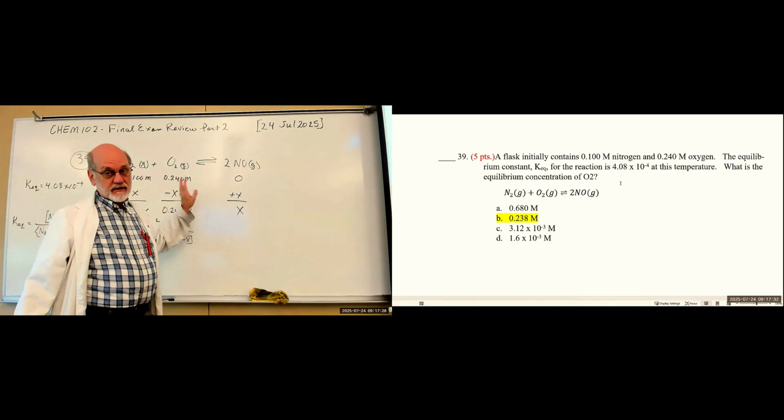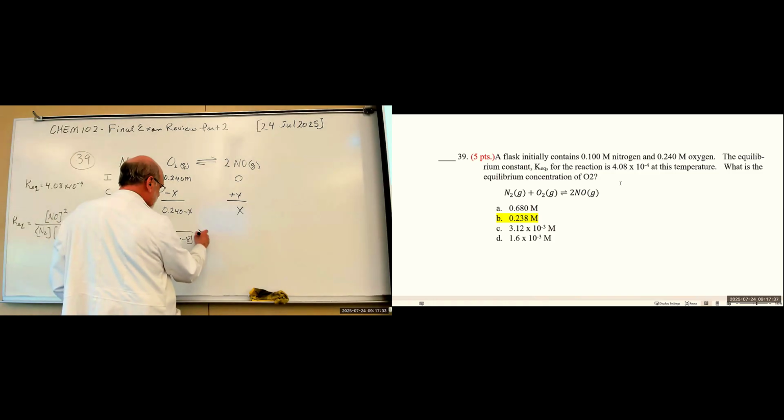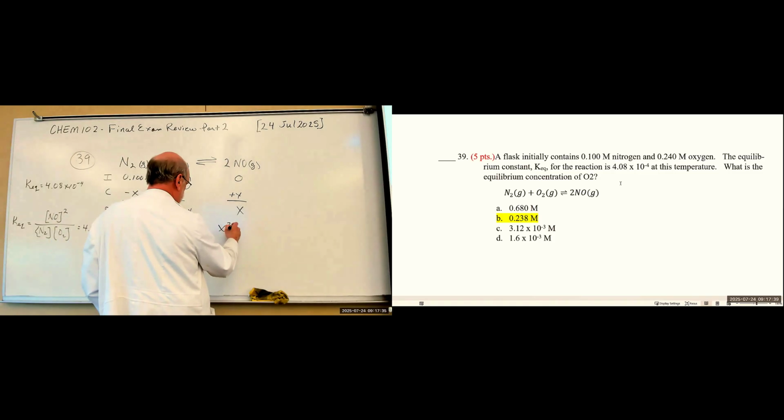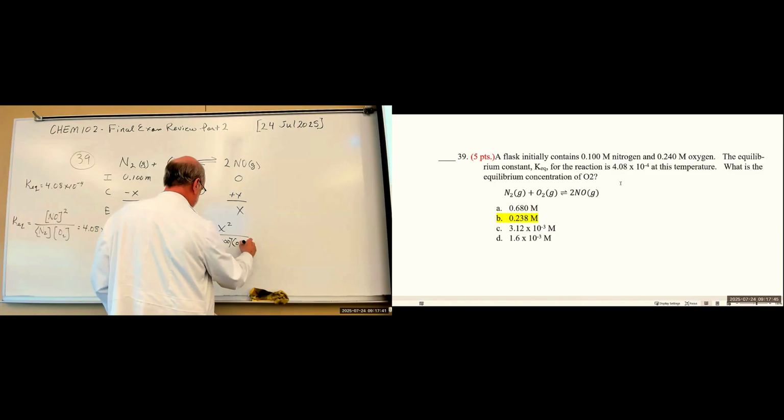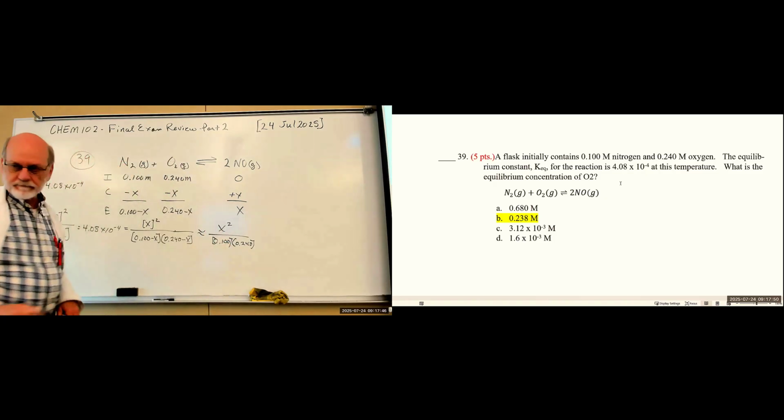There's not going to be very much X lost on either side. So we should be able to estimate, saying X squared over 0.1 times 0.24, and then solve for X.